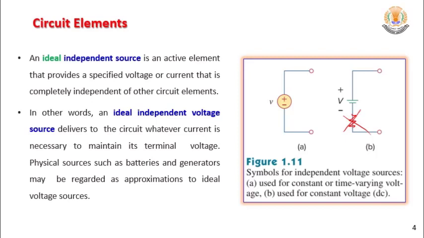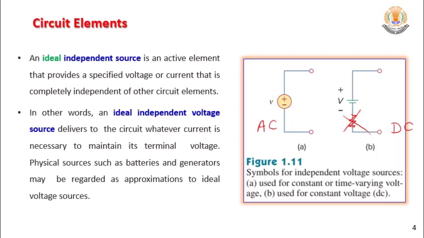Ideal independent voltage source. Ideal, we understand ideal. Independent voltage source, what does it mean? Like a battery or like a source, like this one. This one is used for AC, but the other one is used for DC, direct current and alternating current.